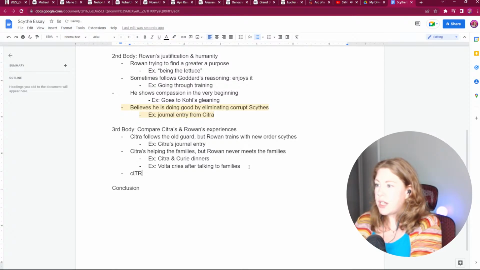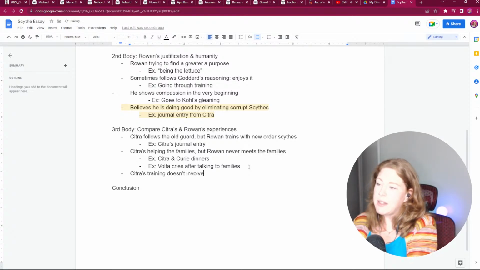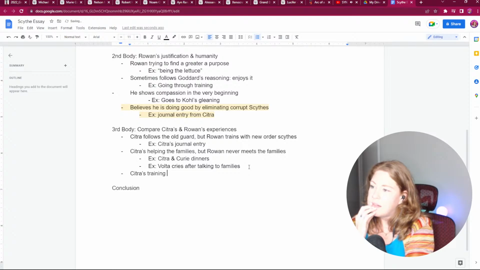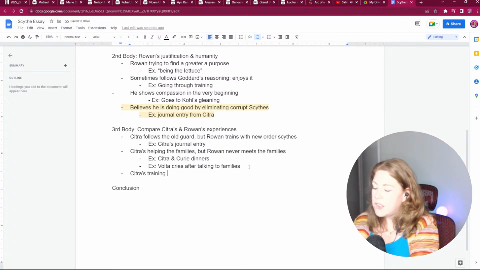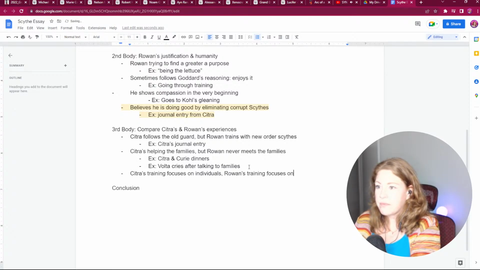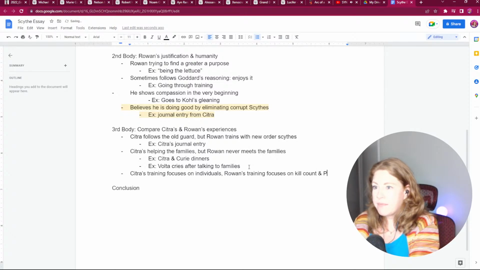Okay, Citra's training focuses on individuals, but Rowan's training, unfortunately, Rowan's training focuses on kill count. And parties.